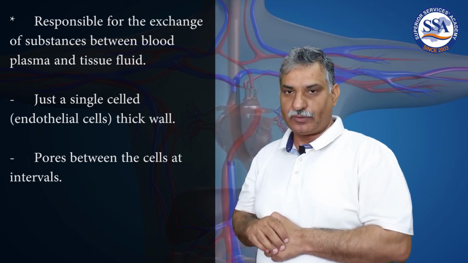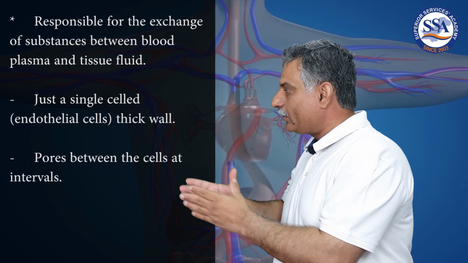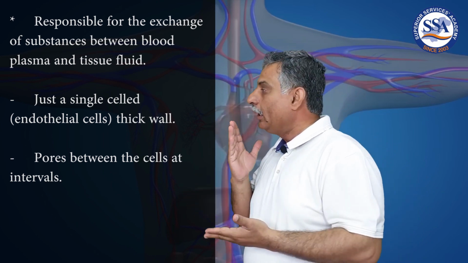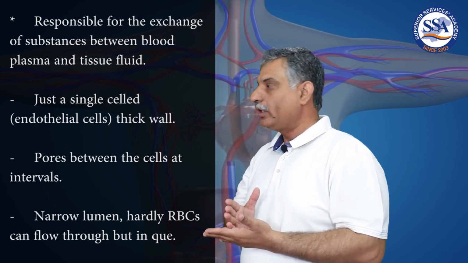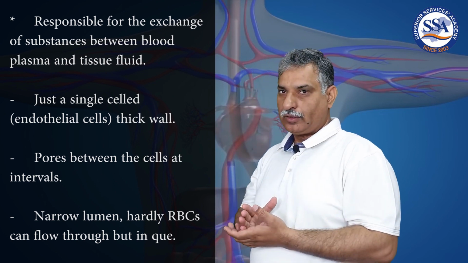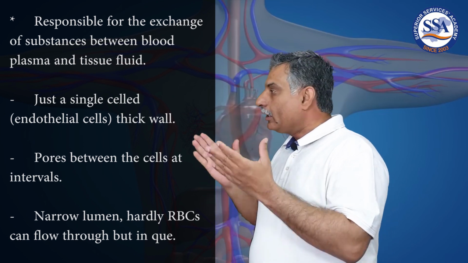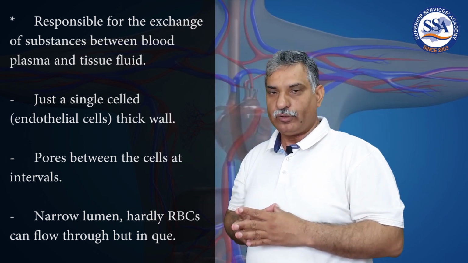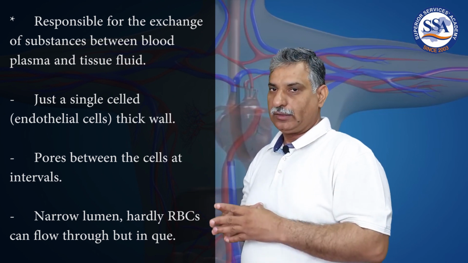The whole network of these blood vessels is summed up in a way that arteries carry blood from the heart towards different body organs. When these arteries enter the organs, they give rise to a large number of arterioles that carry blood to every tissue present within an organ.